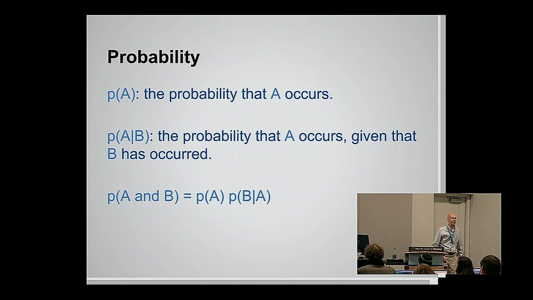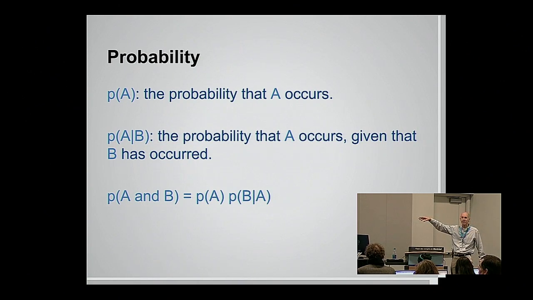All right, let's get into it. A little bit of notation. I'm going to write P(A) for the probability that A occurs. You can think of A as an event that might happen or not. You could think of it as a hypothesis that might be true or not. So probability of A. Probability of A given B, P(A|B), is the conditional probability. That's the probability that A is true given that B is true. And those are just definitions.